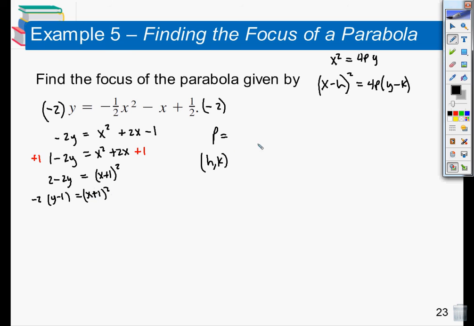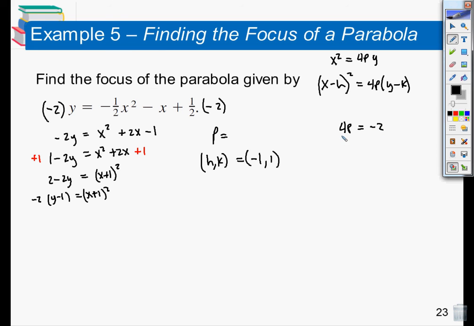So x minus h would be negative 1, and y minus k would be 1. So negative 1, 1 should be my center point, and p comes from over here. Right, so 4p should equal negative 2.